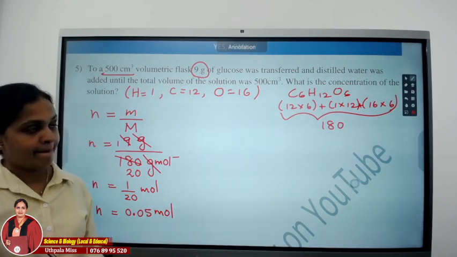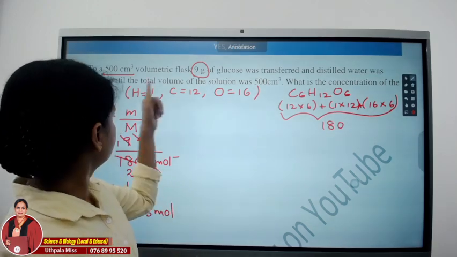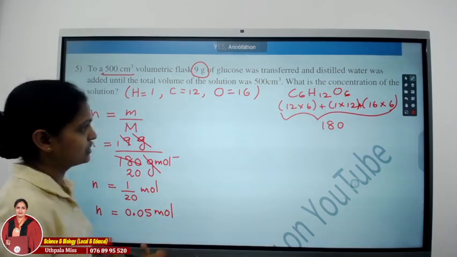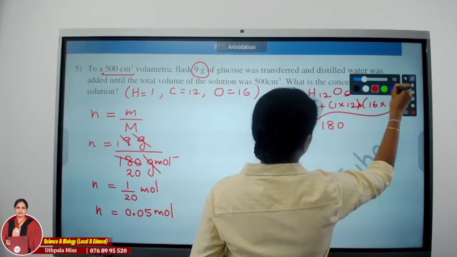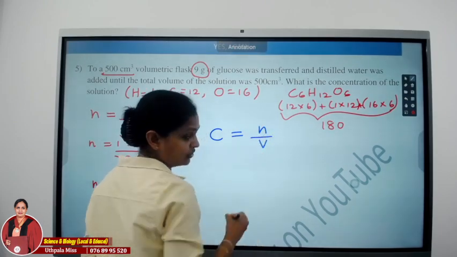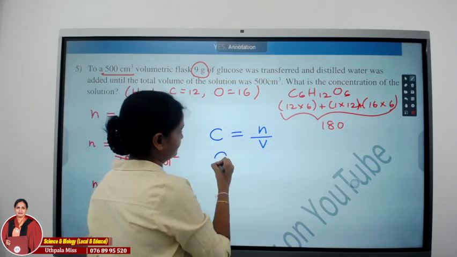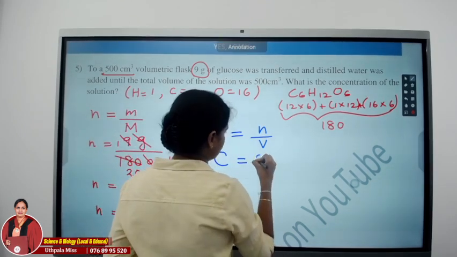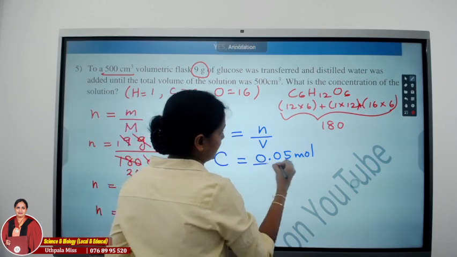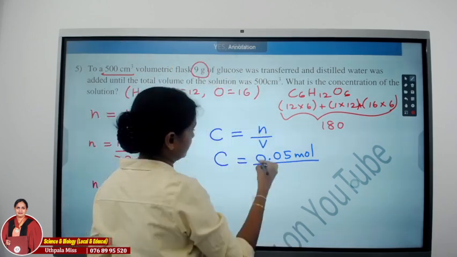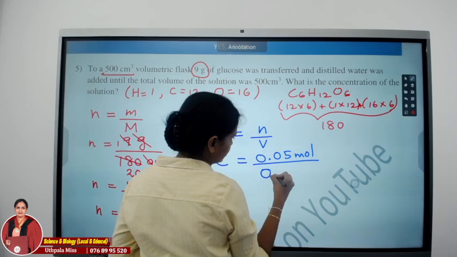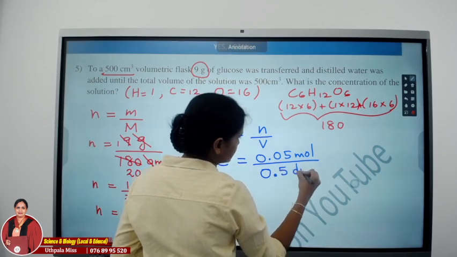Then we are asked what is the concentration of the solution. You know the volume and the number of moles now. So the concentration is equal to the number of moles divided by the volume. The number of moles of glucose is 0.05. And the volume of the solution that you are going to prepare is 500 cubic centimeters, so it is 0.5 cubic decimeters.